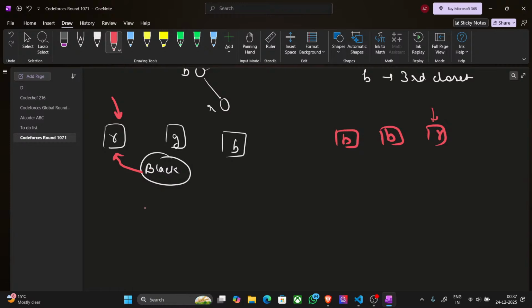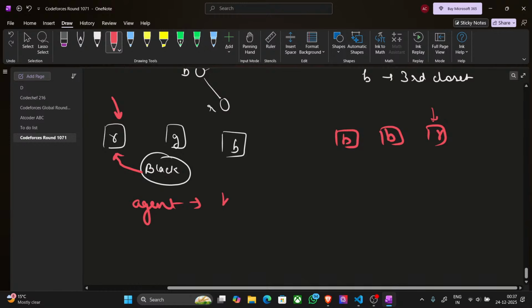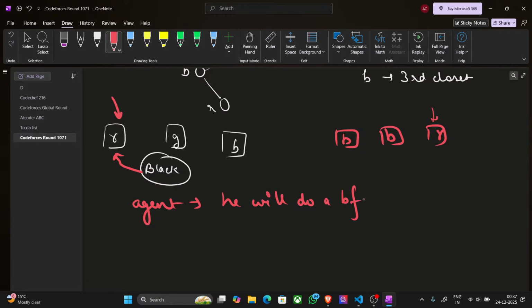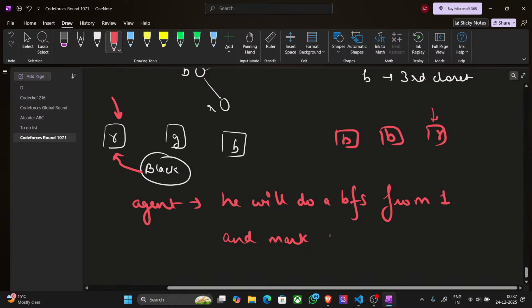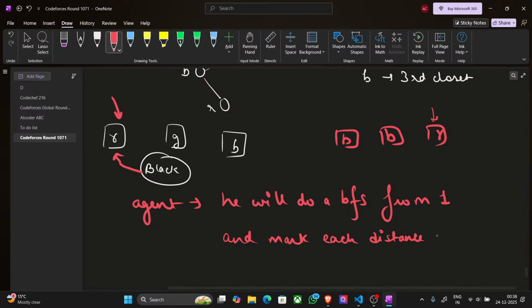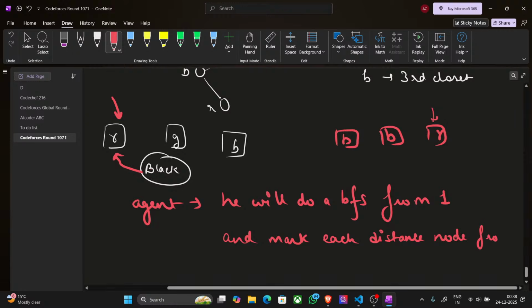So what will my agent do? He will do a BFS from one and mark each node by its distance from one as distance modulus 3.